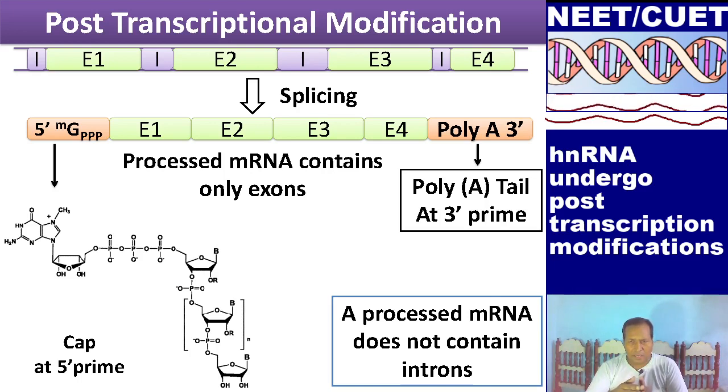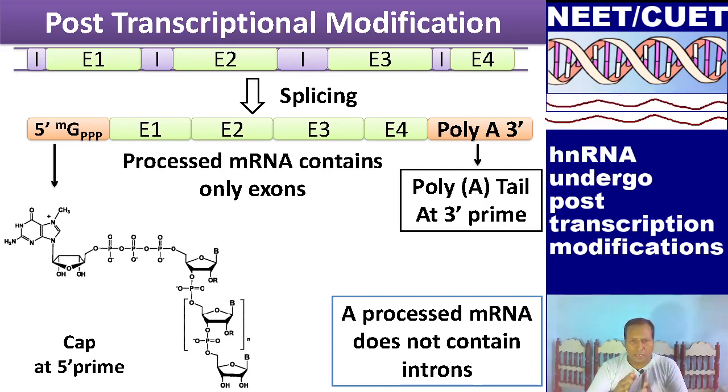That's why in the nucleus the intron is removed from the hnRNA, and this removal of intron from hnRNA is known as splicing.